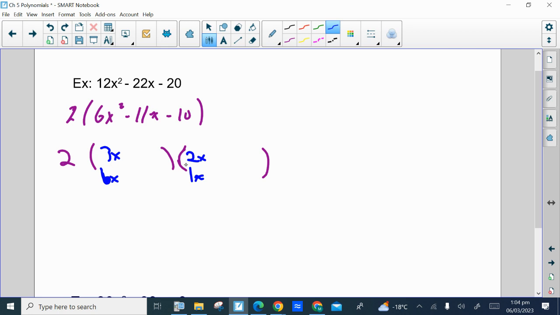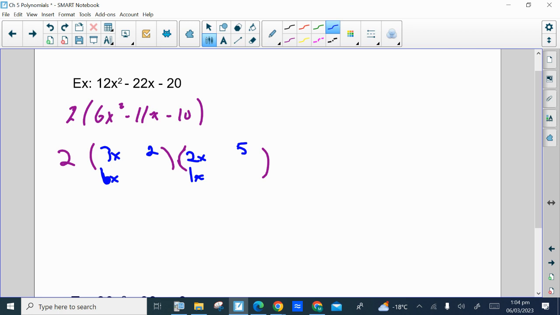And you wouldn't have a 2 with the 2x for the reason that we've talked about several times already. You would not have a 2x and a 2 because that would mean there's a common factor of 2 there. But if there was, there would have been one that we would have taken out of the 6x squared minus 11x minus 10. So that would mean the 2 would have to go with the 3 and the 5 would have to go with the 2.